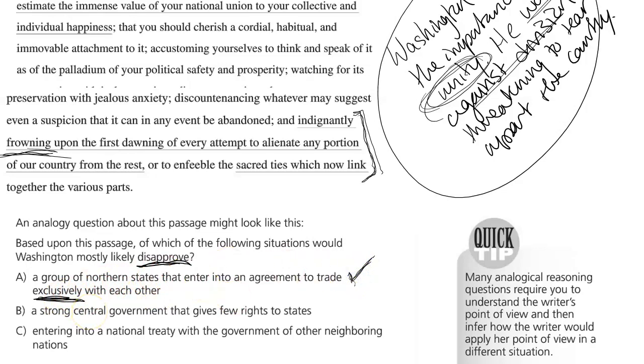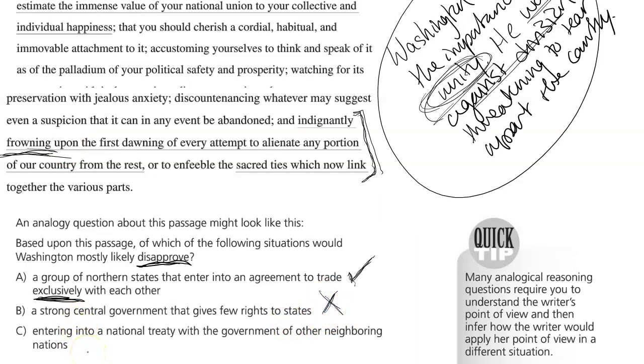Let's look at B, a strong central government that gives few rights to the states. Actually, Washington was pretty on board with a strong central government that is unified. He would most likely disapprove if we had more rights to the states and the states were able to alienate one another and go against each other. So he's not going to necessarily disapprove of this.